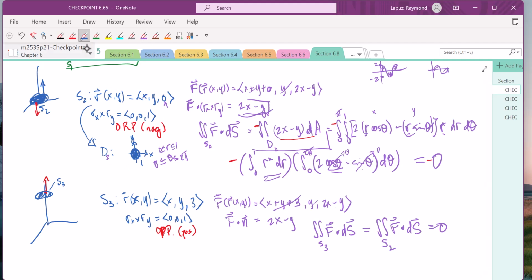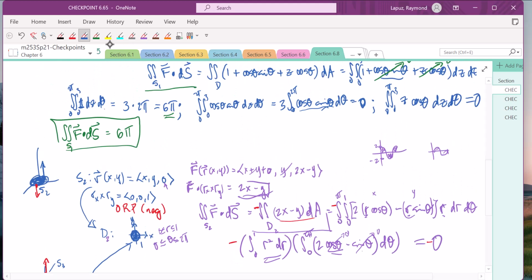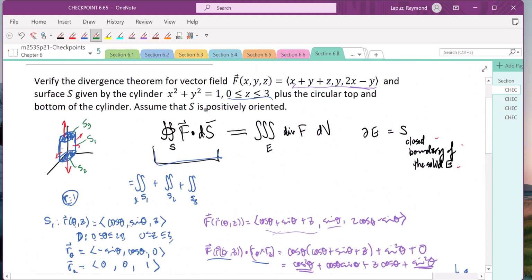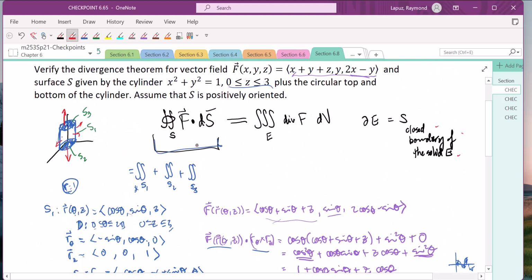I didn't mention that, but our domain is going to be the same. Okay. All right. So the total just ends up being 6 pi. So let's make a note of that. This is equal to 6 pi.